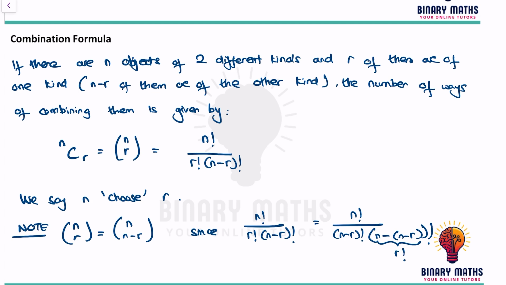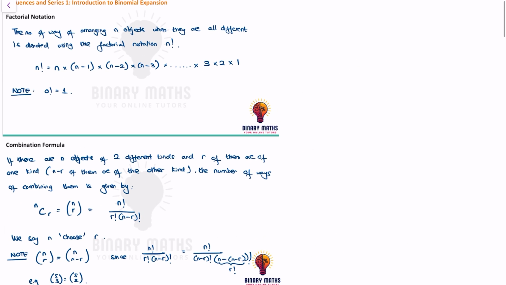So it's the same thing. For example, 5 choose 3 is the same thing as 5 choose 2, because they're complements of 5 in the bottom. So now we've got the n factorial formula and the n choose r formula.